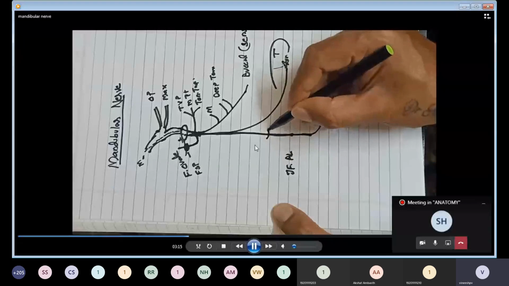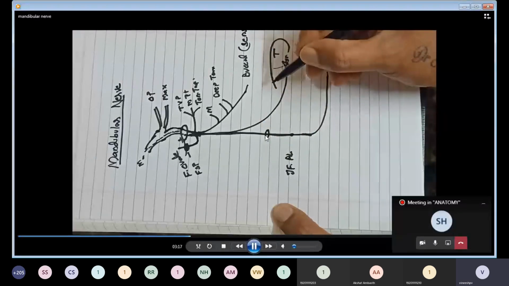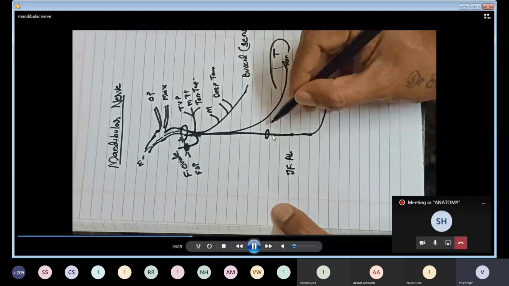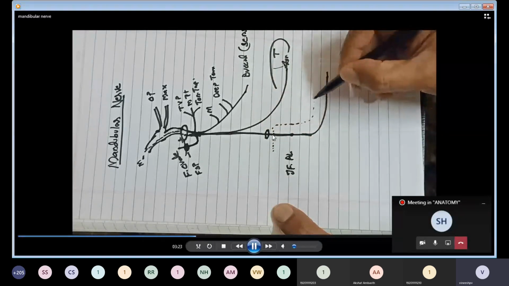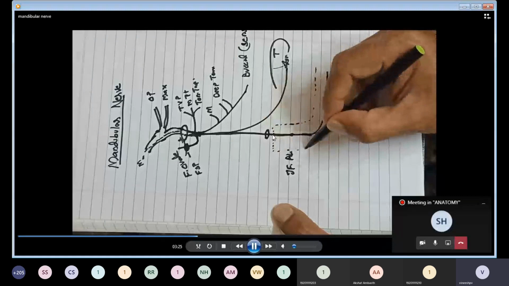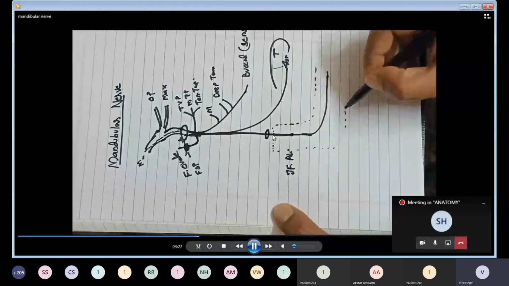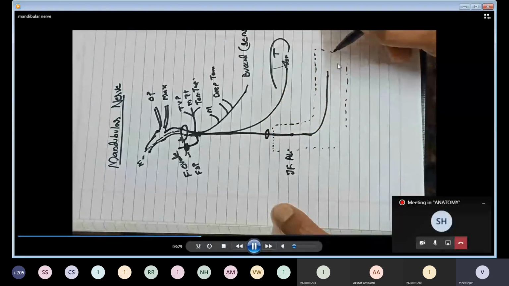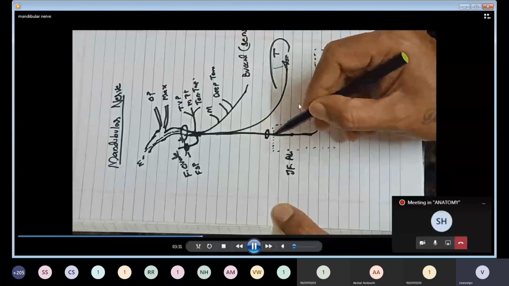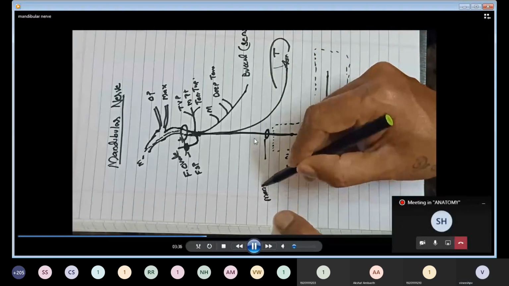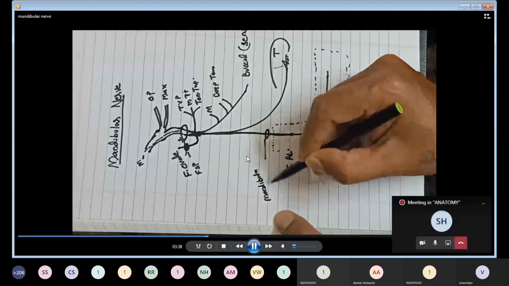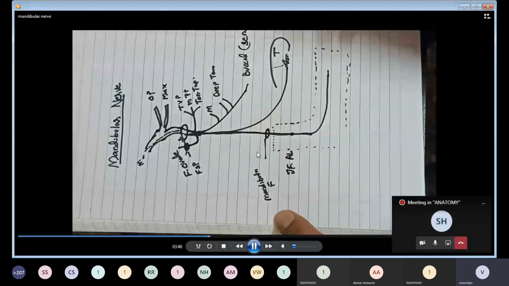One more branch I told: the inferior alveolar nerve enters through the mandibular foramen, so I draw the mandible here, where all the teeth will be. So here it is the mandibular foramen.